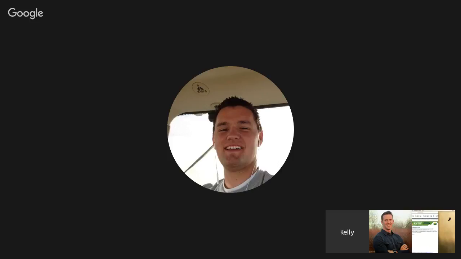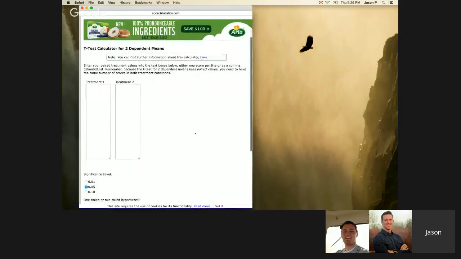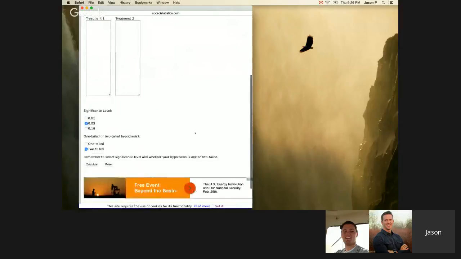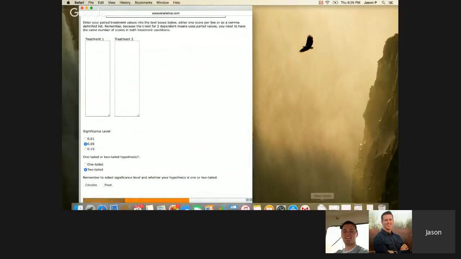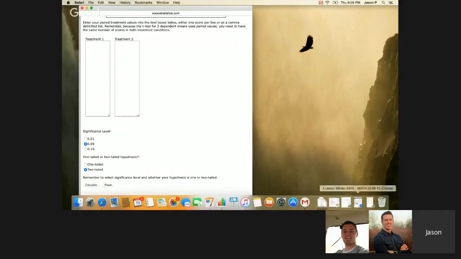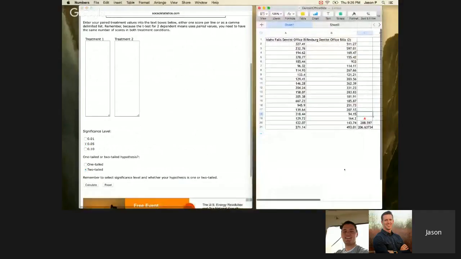All right, so into your paired treatment values. For treatment one, you can just copy and paste off of the Idaho Falls, and then treatment two will be Rexburg. And then it says either put a score per line or put a comma in between each of them if it doesn't automatically do that when you copy paste.